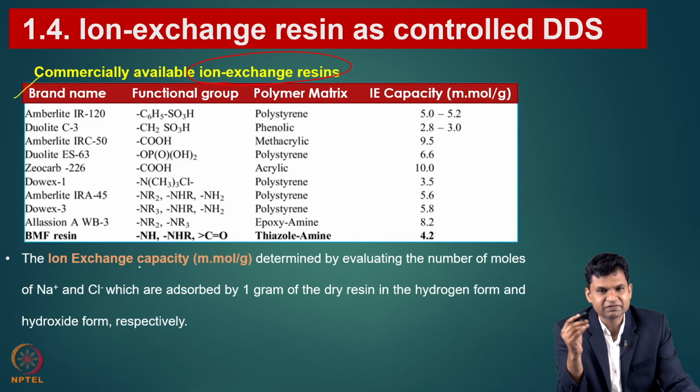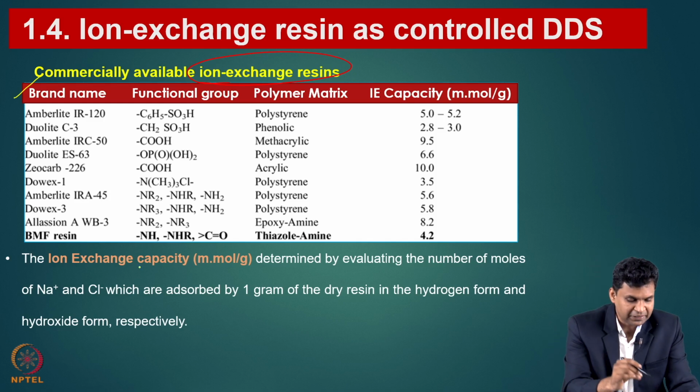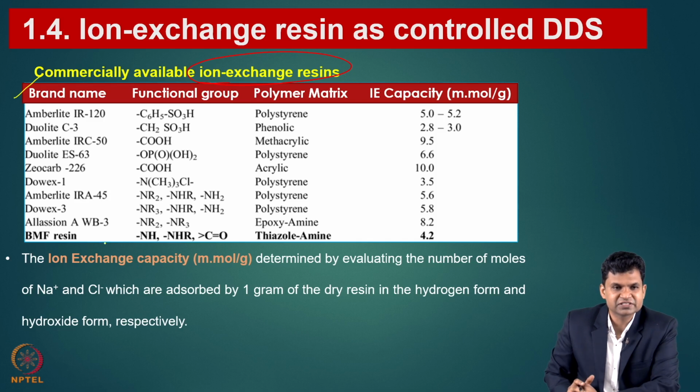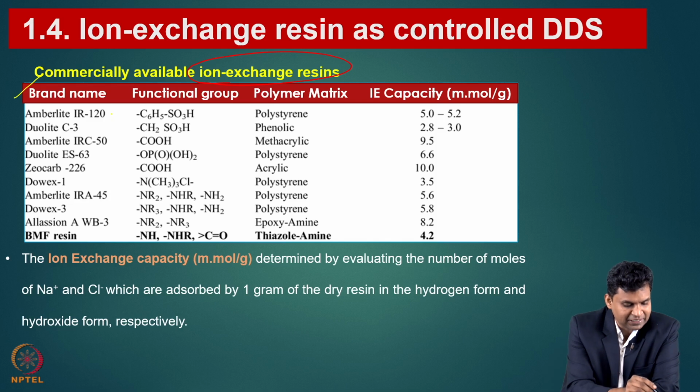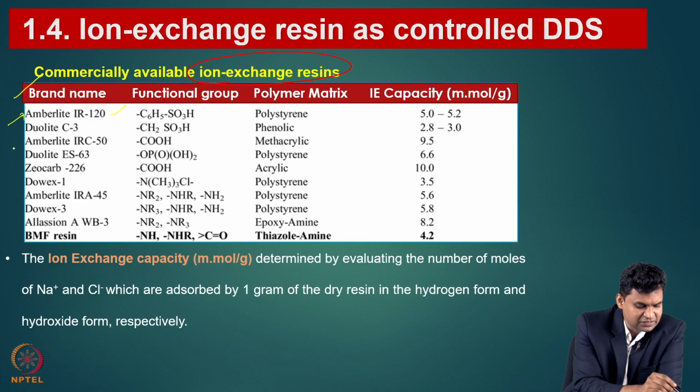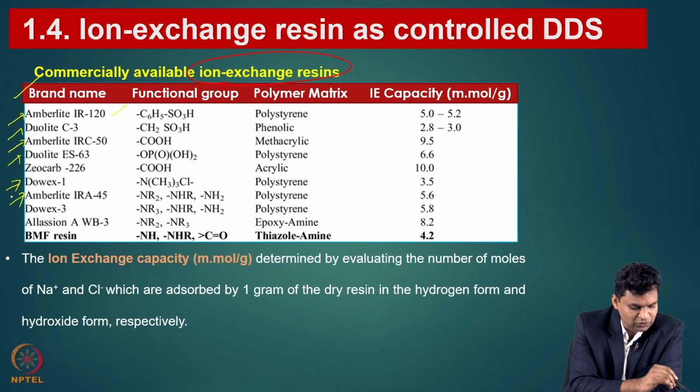This data will be very helpful for you, because you can see various industries provide various types of resins. Here you can see Amberlite IR 120, which comes in different names. All of these are from Amberlite, this is from Duolite, and here also Duolite, and this is Dowex.